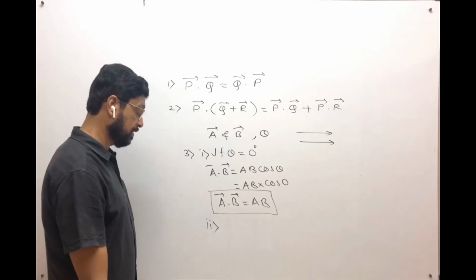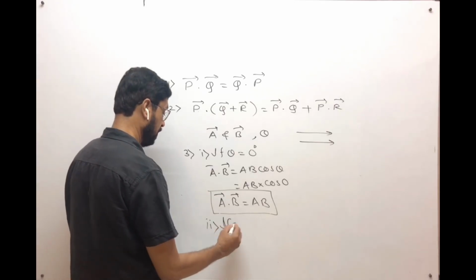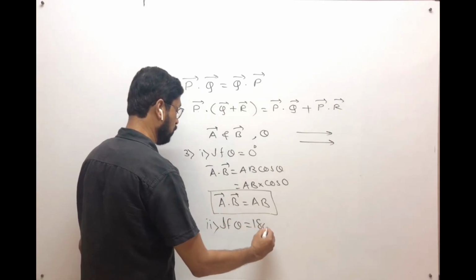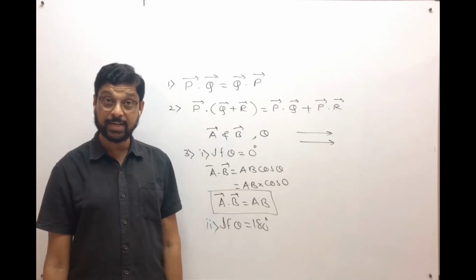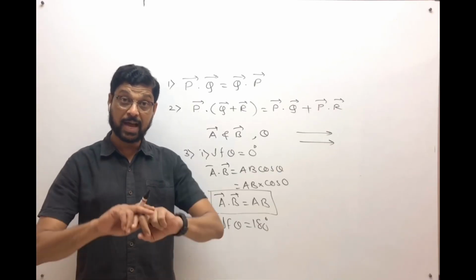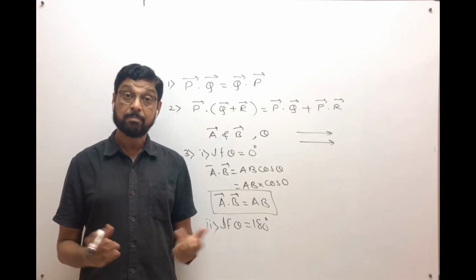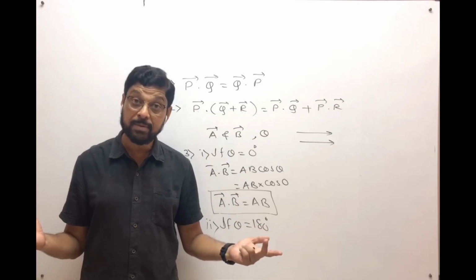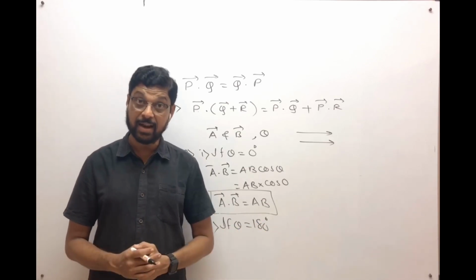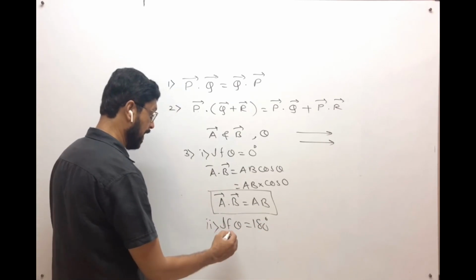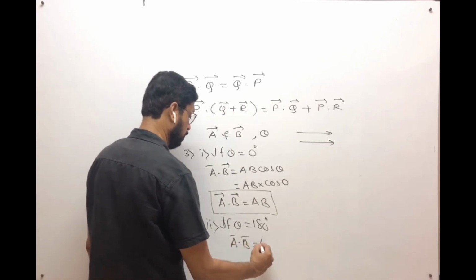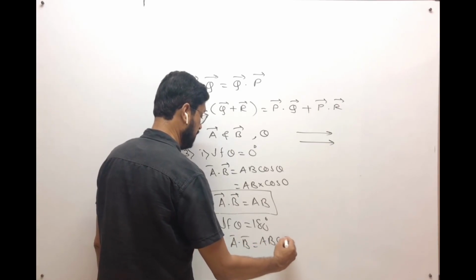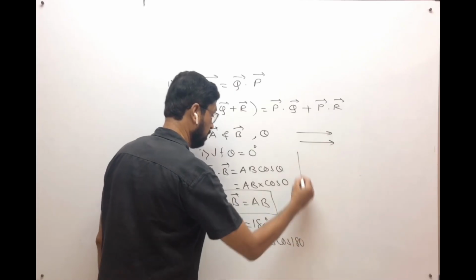Second point says, if theta is equal to 180 degree, what does that mean? The vectors are in opposite directions, meaning they are anti-parallel. Then A dot B will be equal to AB cos 180.